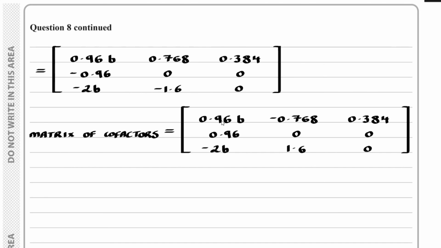So the matrix of the cofactors is given by 0.96B, negative 0.768, 0.384, 0.96, 0, 0, negative 2B, 1.6, 0.